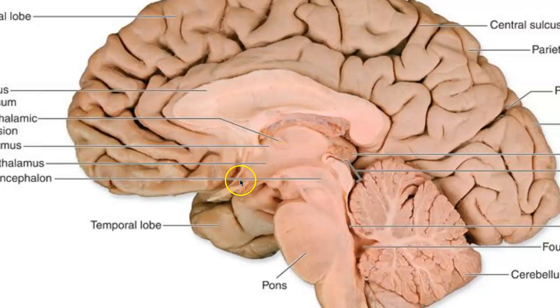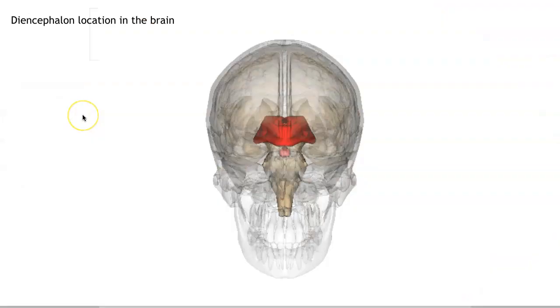And here is the hypothalamus, and it will be connected to the pituitary gland. That is not shown here, but this is the infundibulum, where it will be connected to the pituitary gland. So I just want to show you this little animation of just how the diencephalon sits in the brain.